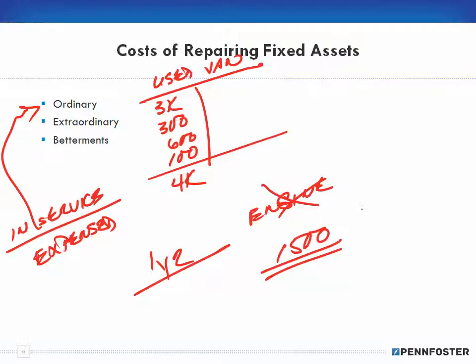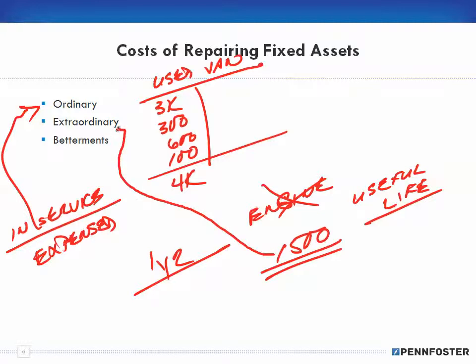So what we're doing is making a repair that extends its useful life. Because we're adding an additional $1,500 to extend its useful life, this is known as an extraordinary repair, and we can apply that $1,500 to the book value of the van.